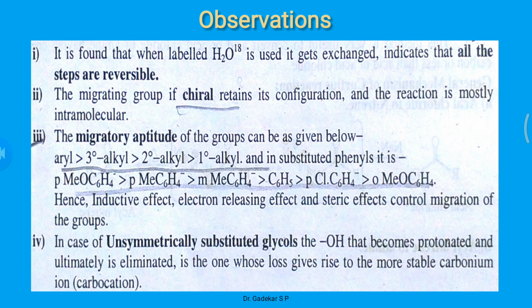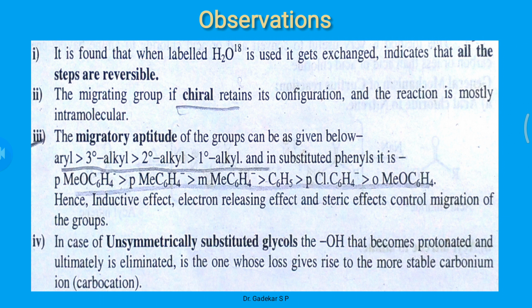Next is the migratory aptitude. The migratory aptitude of groups can be given as follows: the aryl group has more migratory aptitude than tertiary alkyl, then tertiary alkyl more than secondary, then primary alkyl.